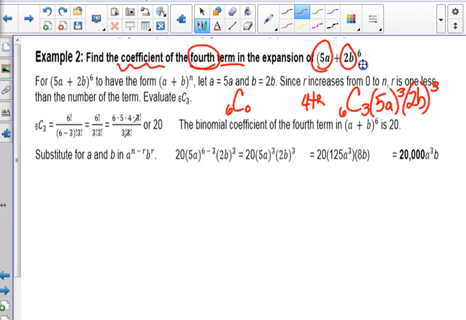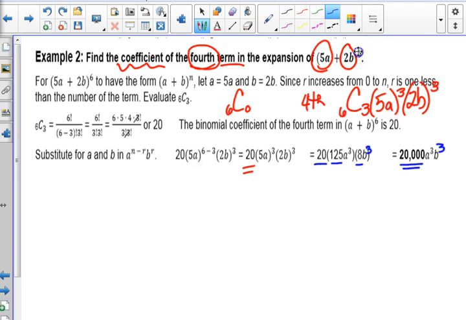All right. Now, there's a typo. Does anybody see? So 6C3 is 20. But does anybody see where I made my mistake down here? It's after this one. Yeah, this B should have a cubed. And then 20 times 125 times 8 is 20,000, but it should be A cubed, B cubed.